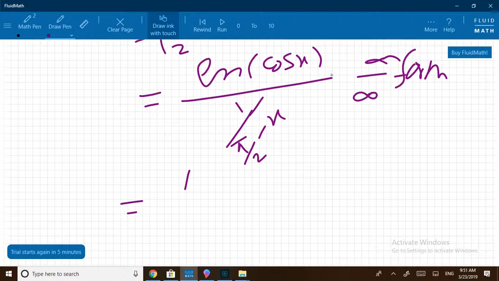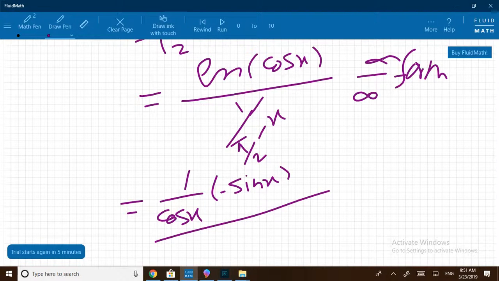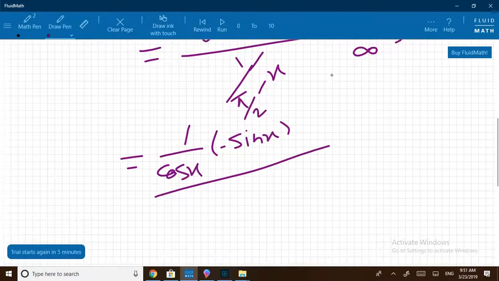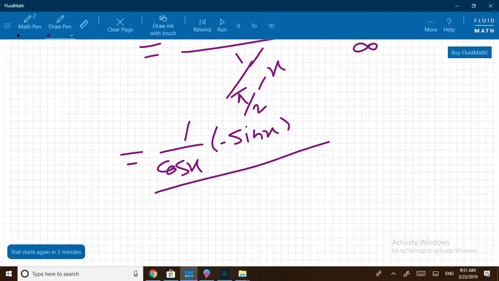It is 1 by cos x, and the derivative of cos is minus sin x, and the derivative of 1 over (pi by 2 minus x) is minus (pi by 2 minus x) raised to the power minus 2.